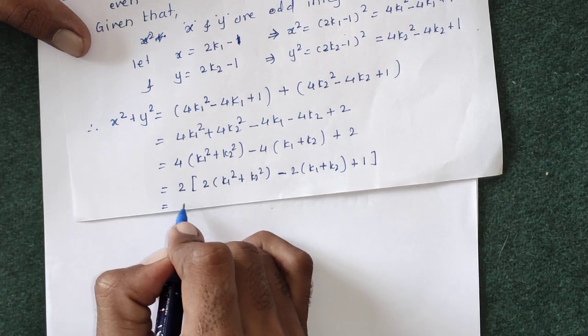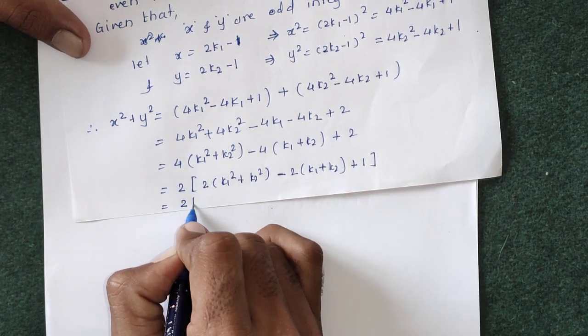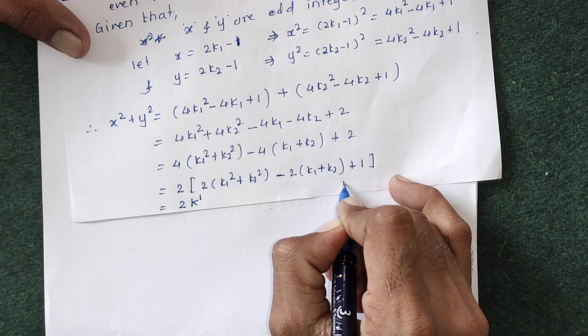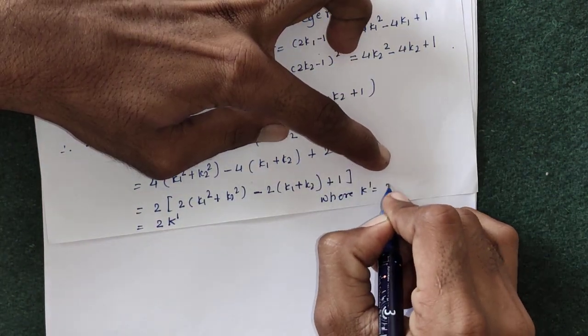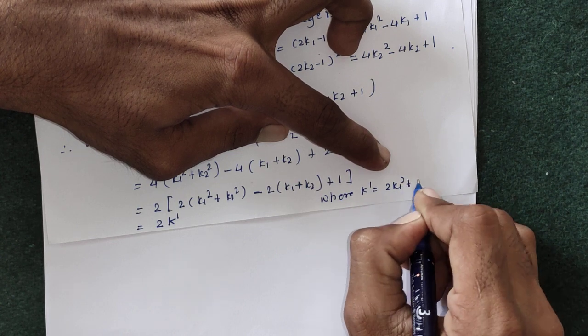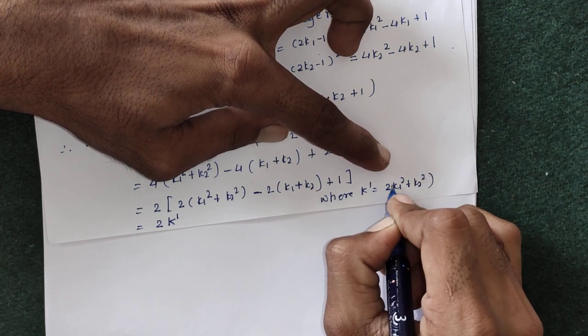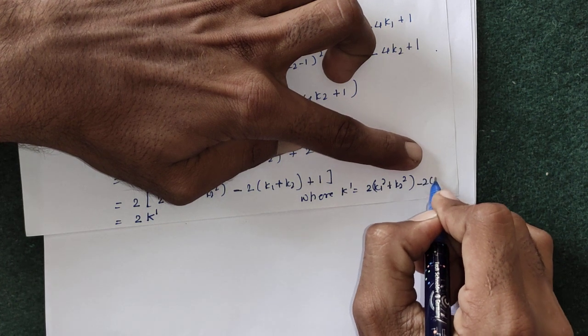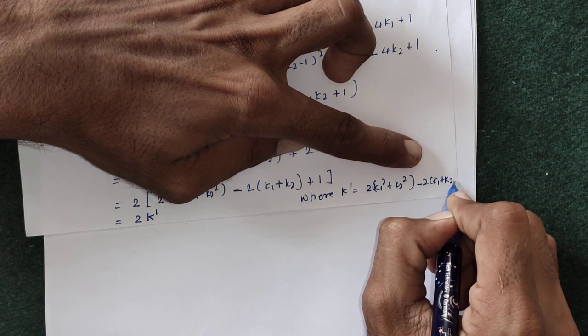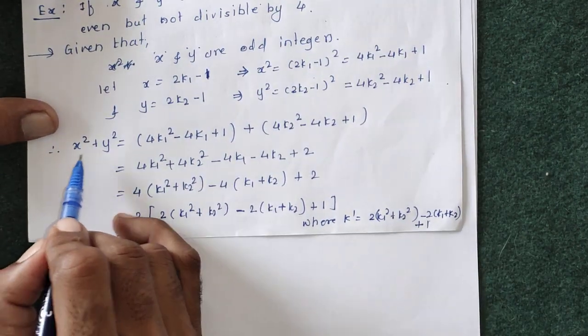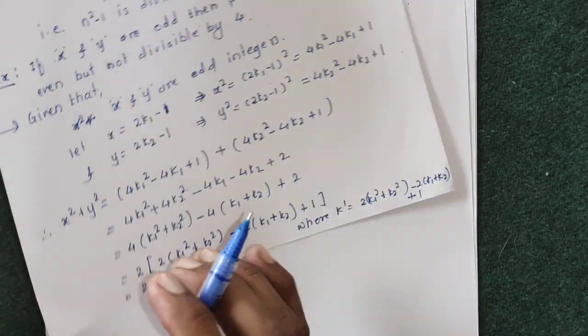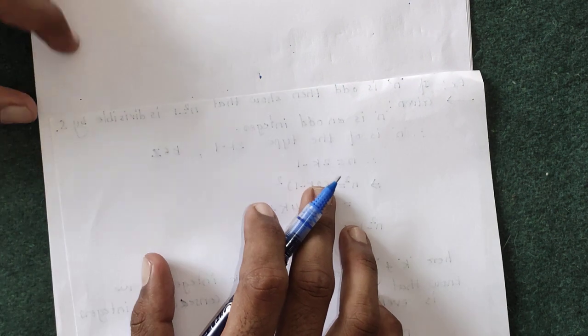So this term is k prime, where k prime is equal to 2(k1 square plus k2 square) minus 2(k1 plus k2) plus 1. So x square plus y square is equal to 2 into some k prime. Hence x square plus y square is even.